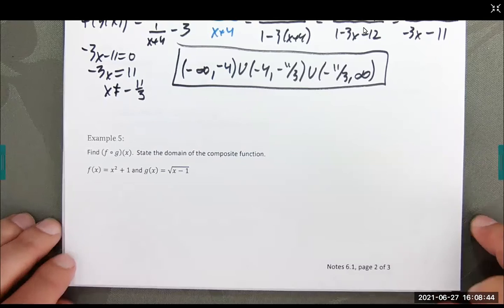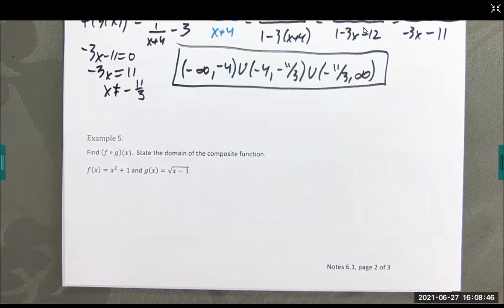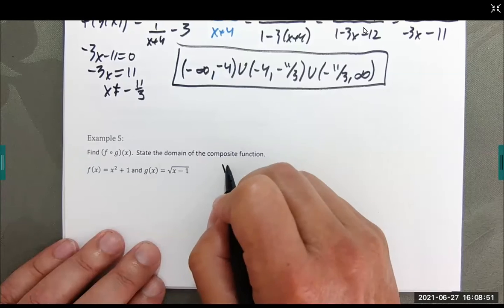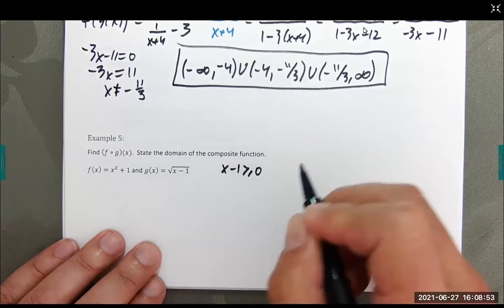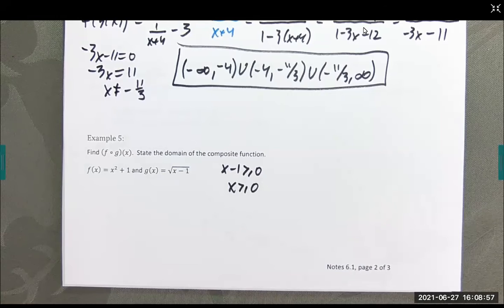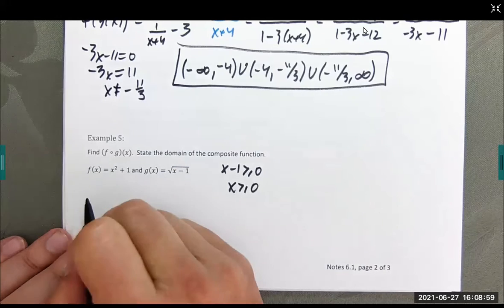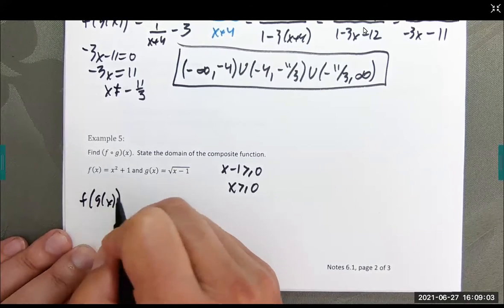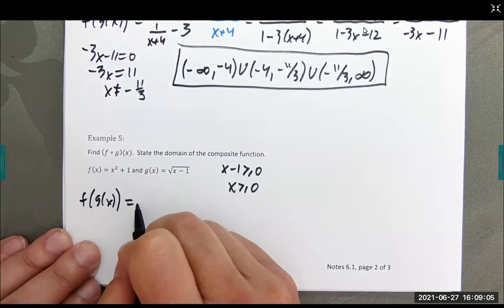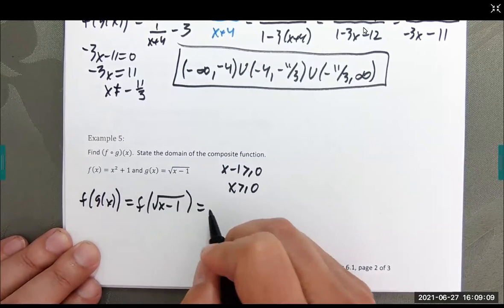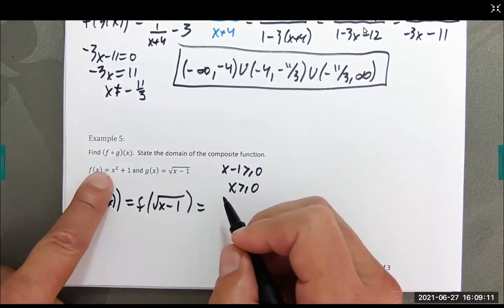State the domain of the composite function. So we're going to start out for sure, x minus 1 has to be bigger than or equal to 0, or x is bigger than or equal to 0. So that's definitely going to limit us on our domain. However, when I composite them, so now I'm going to put that into there.